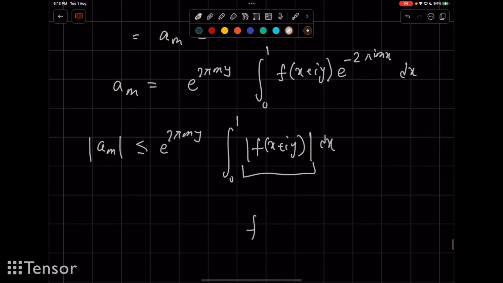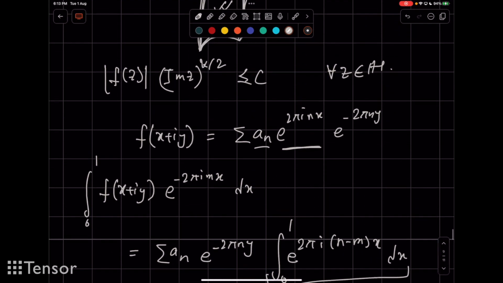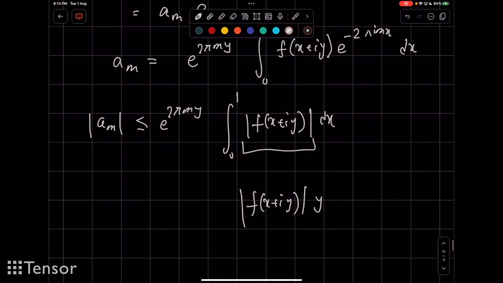And we know that f of x plus iy times y to the k over 2 is bounded by c, right?